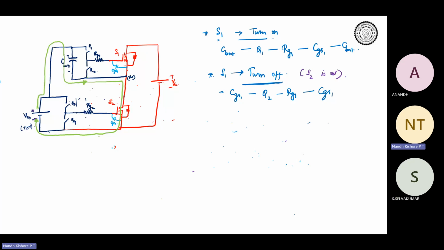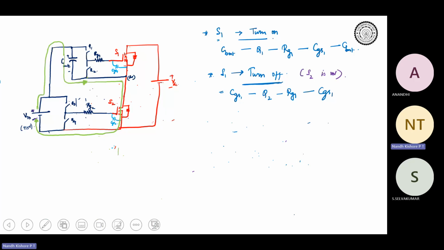Now it is seeing two paths: one through Q2 and one through the switching node. If it goes through Q2, it has to circulate over here only. Where is the completion? Q2, RG1, CGS1, back to Q2. There is no continuation. The other path is Q2, RG1, CGS1, and then it will go to S2.